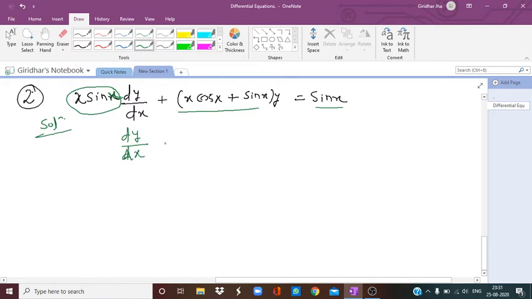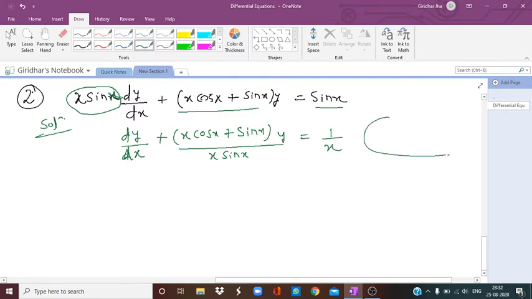What will we do, dear? First we will divide both sides by x sin x, so we will be left with something like x cos x plus sin x upon x sin x into y equals, I believe 1 by x will be left, correct? If you divide by x sin x, you get 1 by x. Understood? So now this came into which form? dy/dx plus py equals q, where p and q are functions of x.